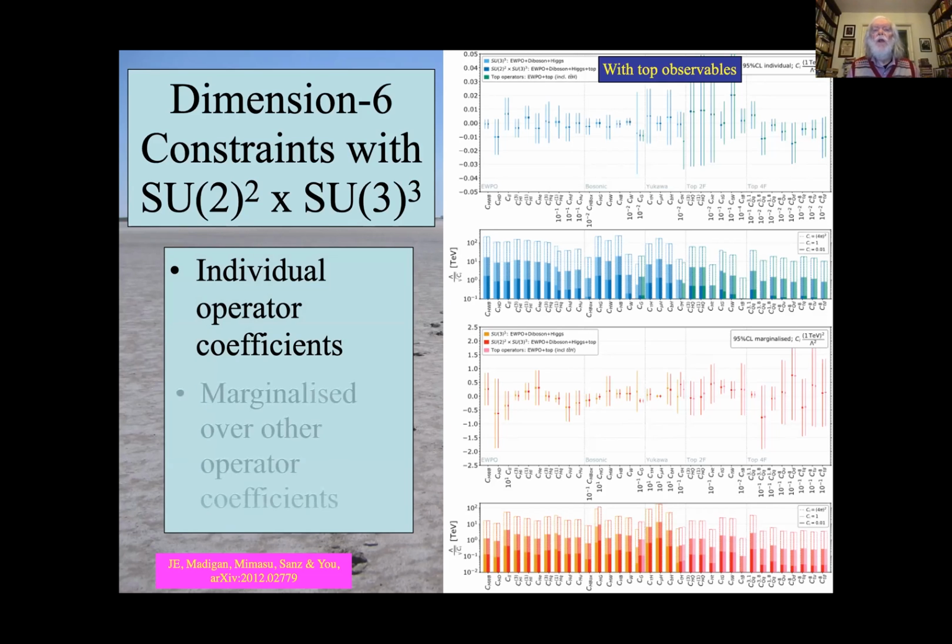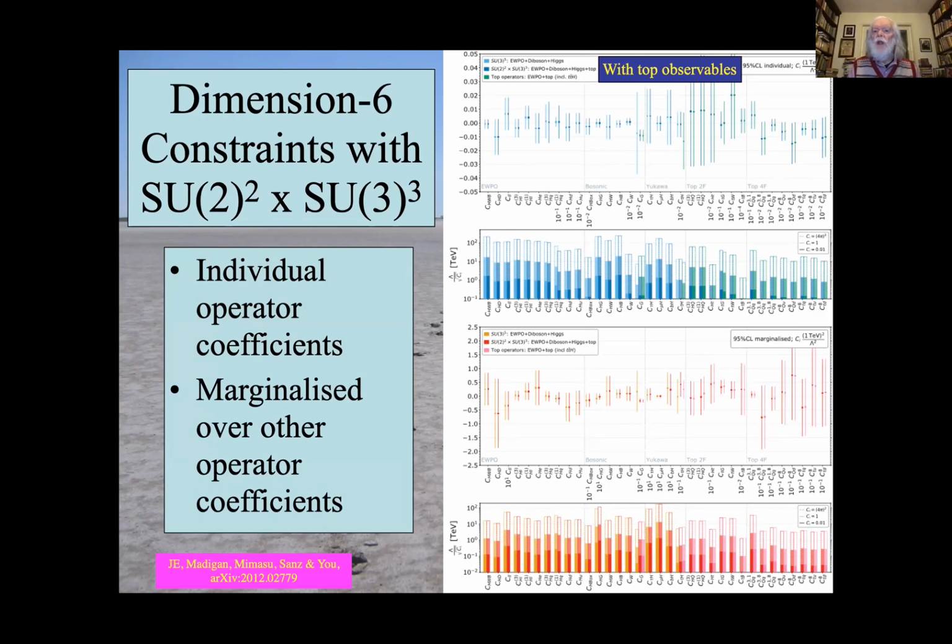The lower half is when we allow all the operators to contribute, and for each operator we marginalize over the coefficients of the other operators. Again, we see that there are many constraints at the level of 1 TeV in the marginalized case, or 10 TeV in the individual case.